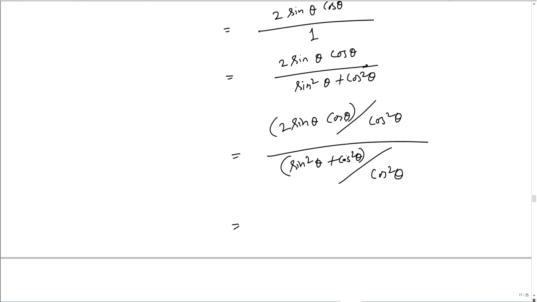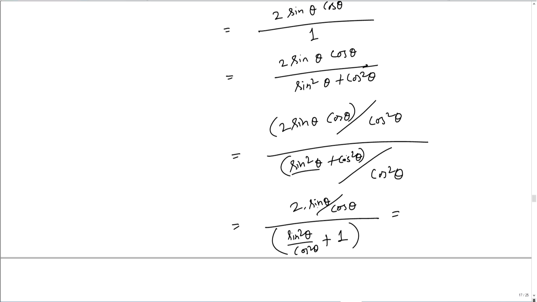In the numerator, one of the cos theta will cancel out and you will be left with 2 sin theta divided by cos theta, and in the denominator, when you divide by cos square theta, you will get sin square theta by cos square theta plus 1, because the cos square theta will cancel out.